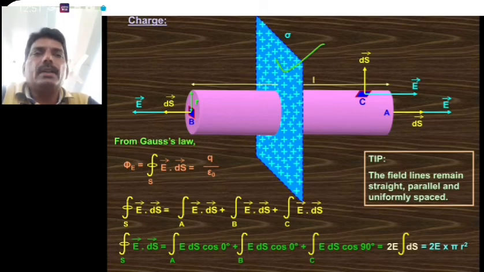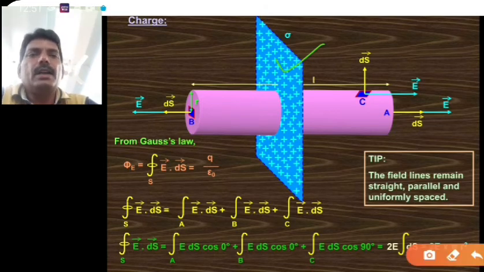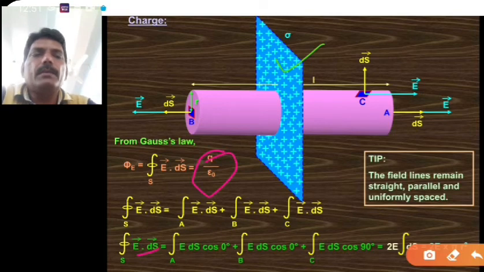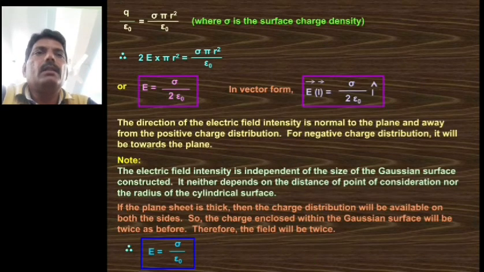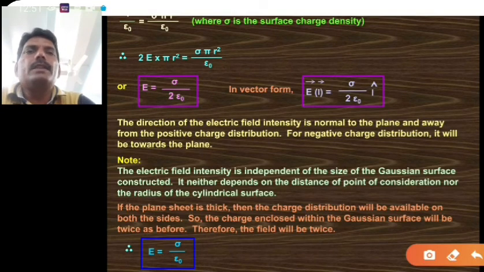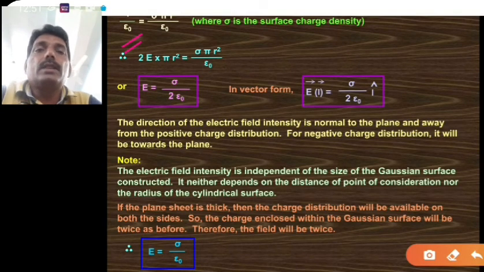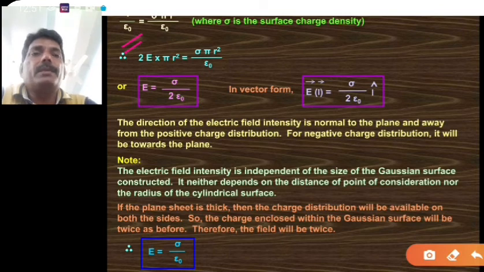Now as I know, closed surface integral E dot ds is equal to q upon epsilon naught. So I will compare this by taking q upon epsilon naught. What is the surface charge density? Very simple, surface charge density sigma is equal to charge upon area.